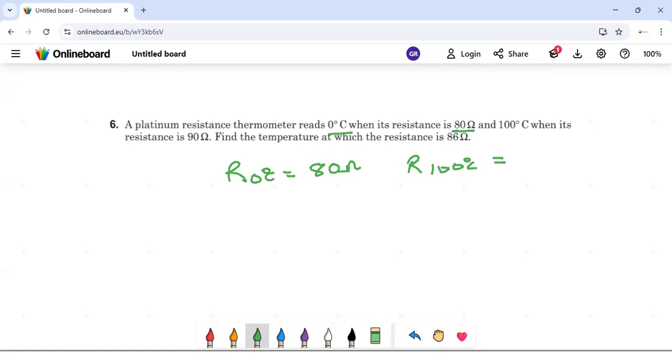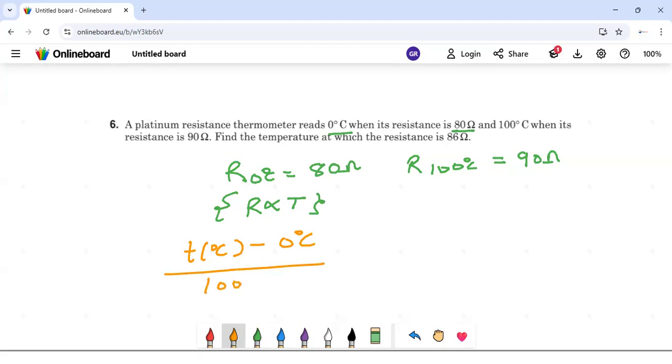And we know that in class 10th you all have learned that resistance of a conductor is directly proportional to temperature, right? So if our temperature scale formula is this, and I want to write similar values in terms of resistance, what should I write on the right side? Could you use the relation and tell me?